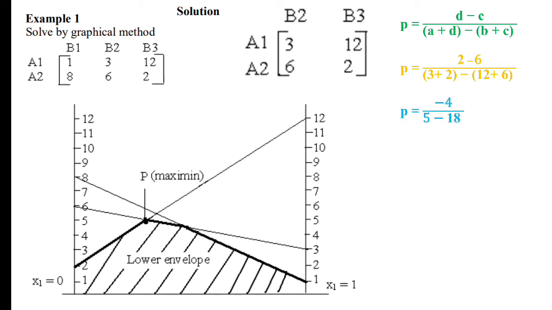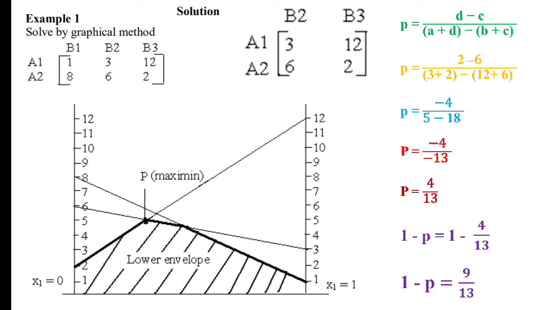Simplify: minus 4 divided by 5 minus 18, which is minus 4 divided by minus 13. Then the P value is 4 by 13. Then 1 minus P equals 1 minus 4 by 13, which gives us 9 by 13. So this is how we find the P value and the 1 minus P value.